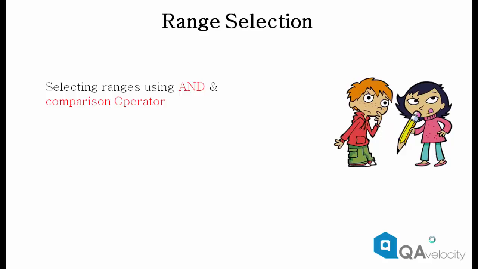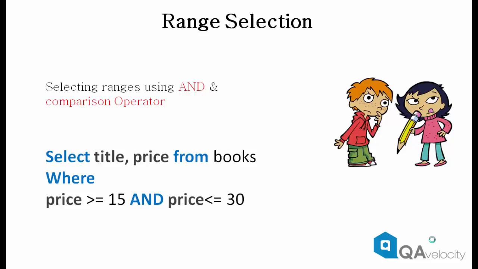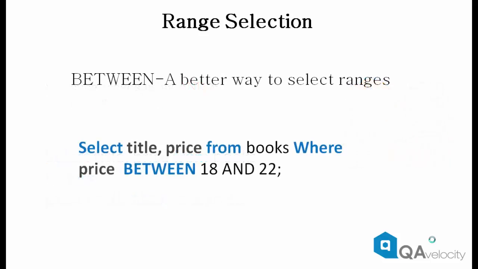Let's say Greg asked for all the books whose price comes between $15 and $30. We can use comparison operators to select ranges and the query would be select title, price from books where price is greater than or equal to 15 and price is less than or equal to 30. So to tackle the same issue, SQL also provides a keyword BETWEEN, which provides an easy way to select ranges.